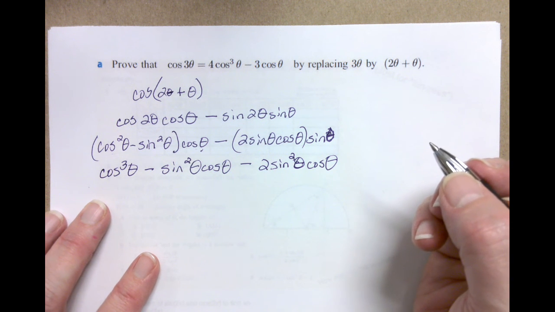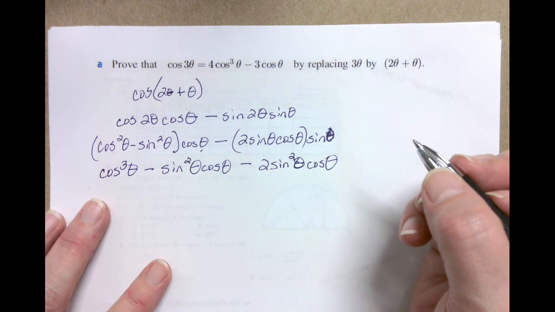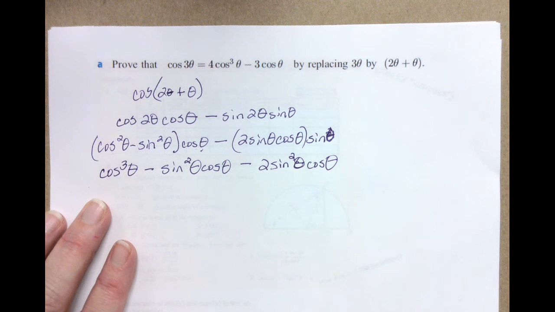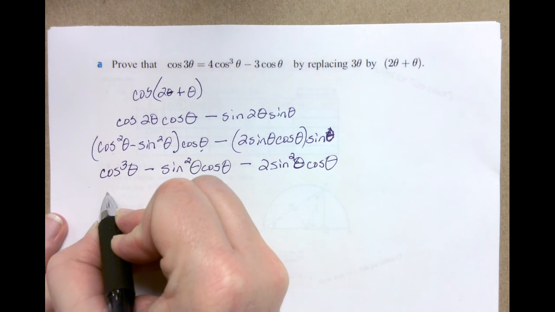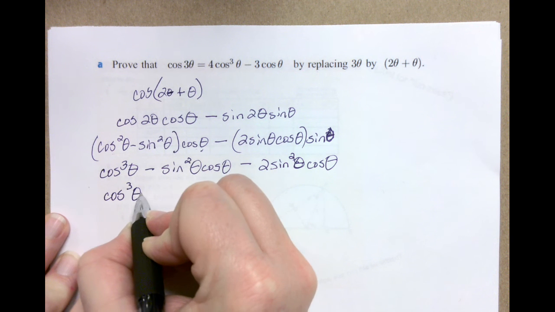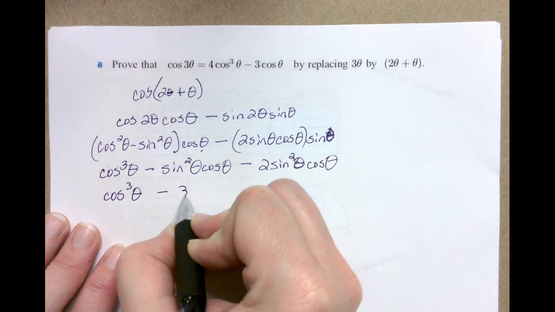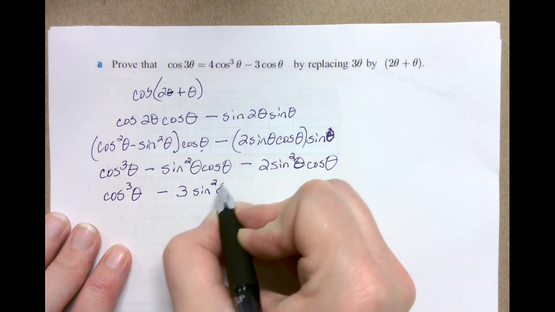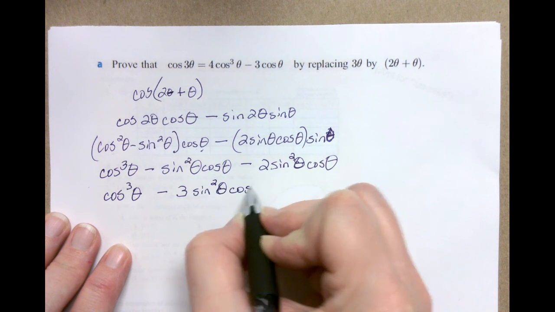If you are not actively trying this yourself, will you at least check what I've done? So it's cosine cubed theta minus 3 sine theta cosine theta.